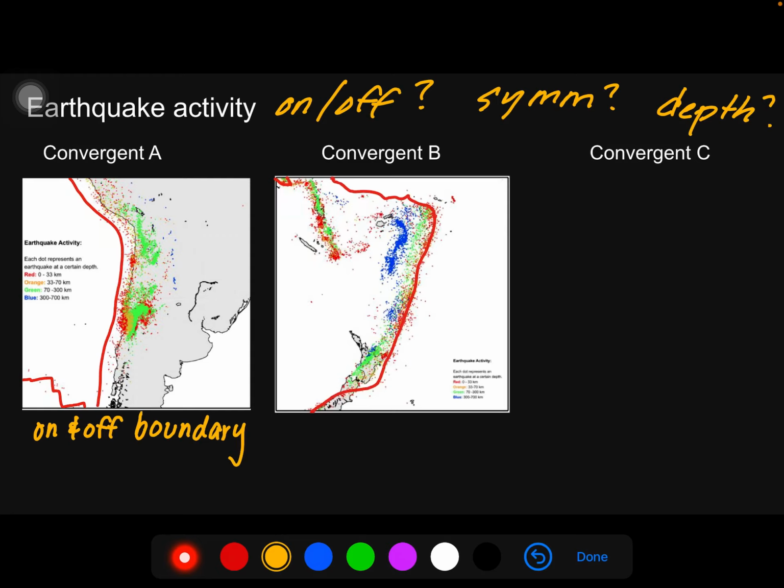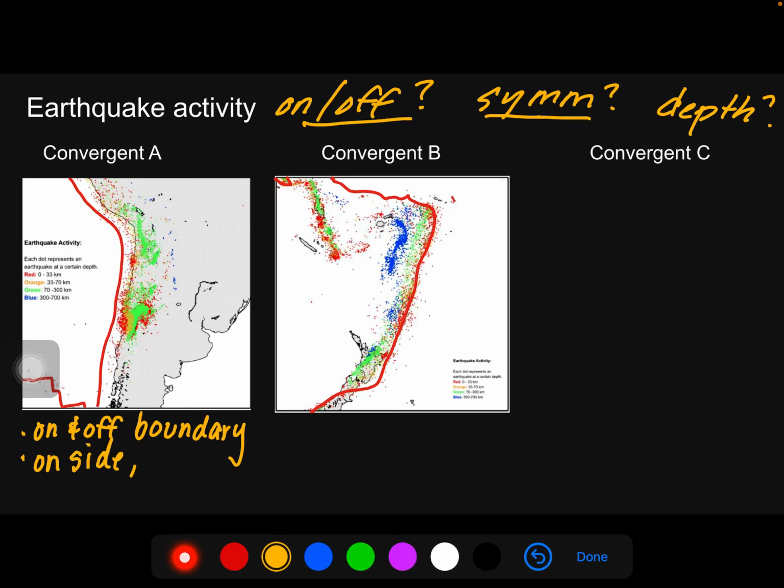Next thing we want to think about is, are they symmetrical? Do I see the same patterns on this side of the boundary as I do on the other? This side is, of course, very populated with earthquakes. Here, very little, if any. So it's mostly happening on one side of the boundary.